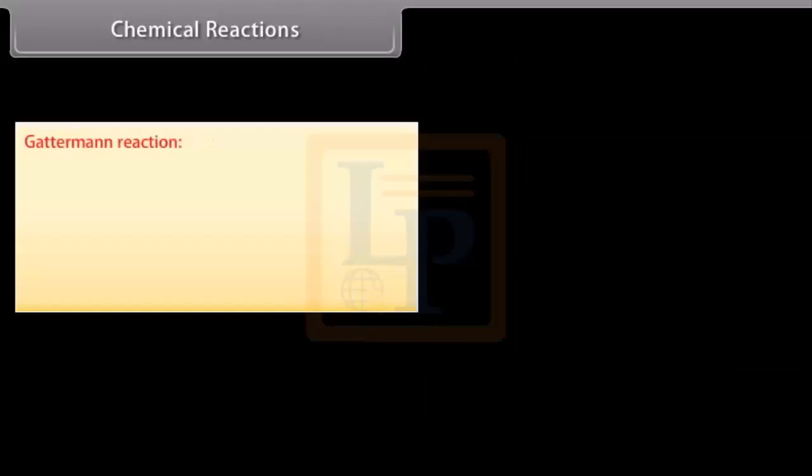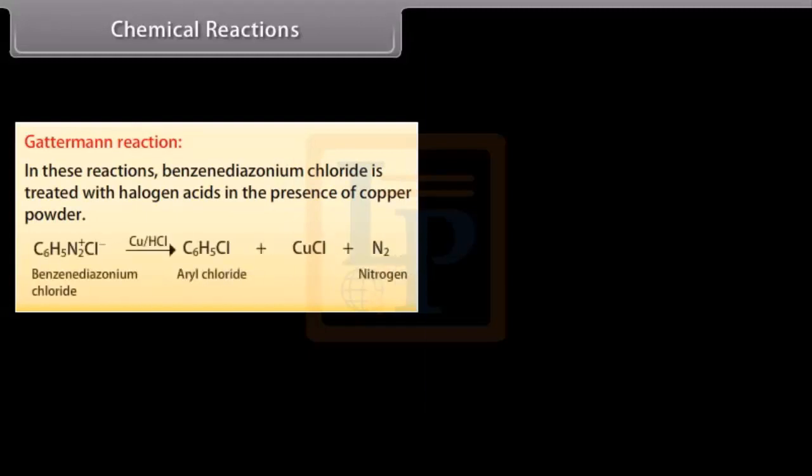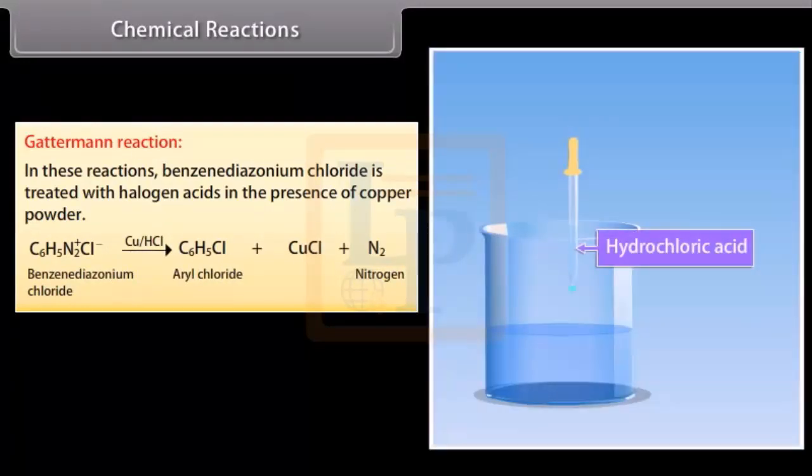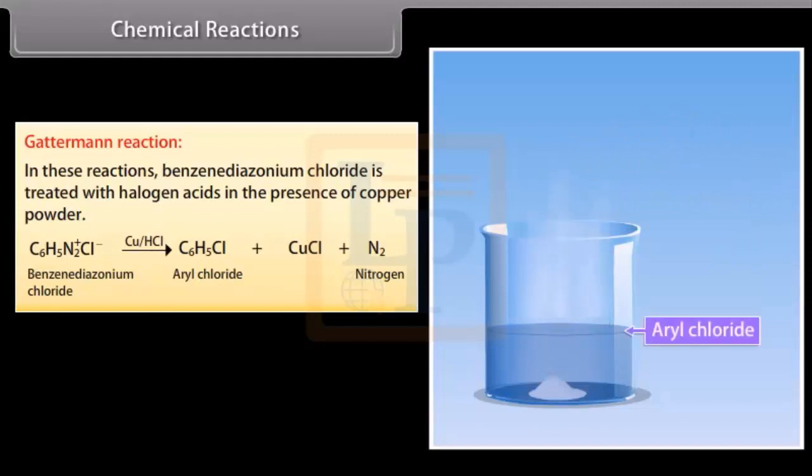Gattermann reaction. In these reactions, benzene diazonium chloride is treated with halogen acids in the presence of copper powder. Benzene diazonium chloride reacts with hydrochloric acid and copper powder, yielding aryl chloride, cuprous chloride and liberating nitrogen gas.